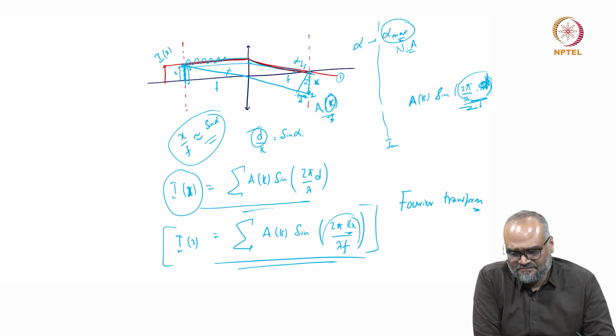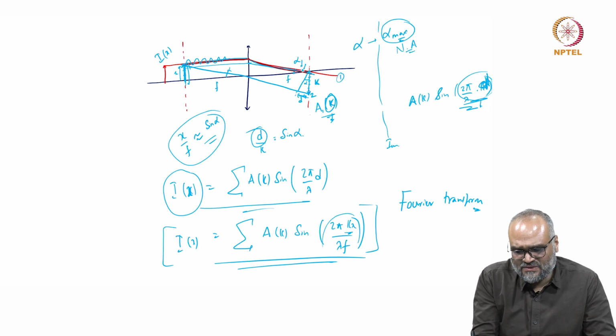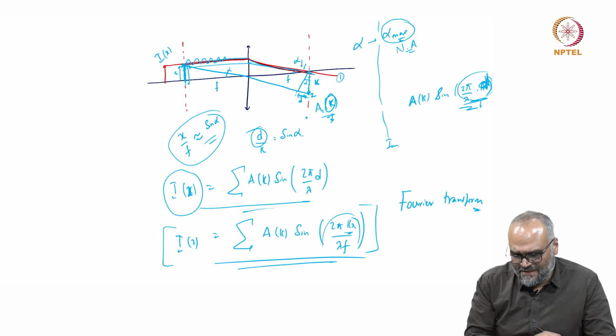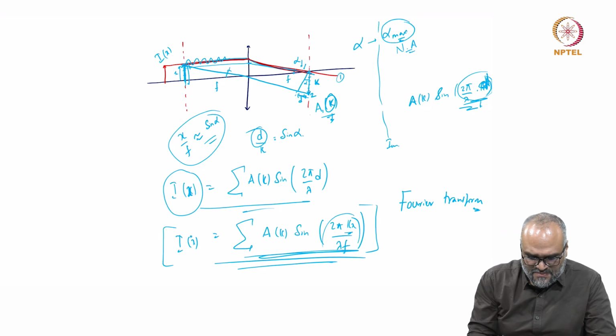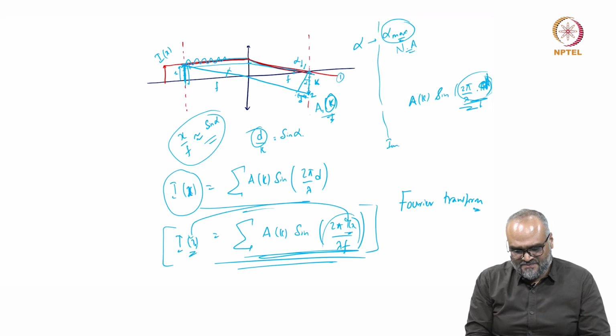for a lens, if it is propagating through the lens at the back focal plane, I can relate it with a mathematical form which is a Fourier transform, and essentially I can switch between the spatial values and the frequency values here.